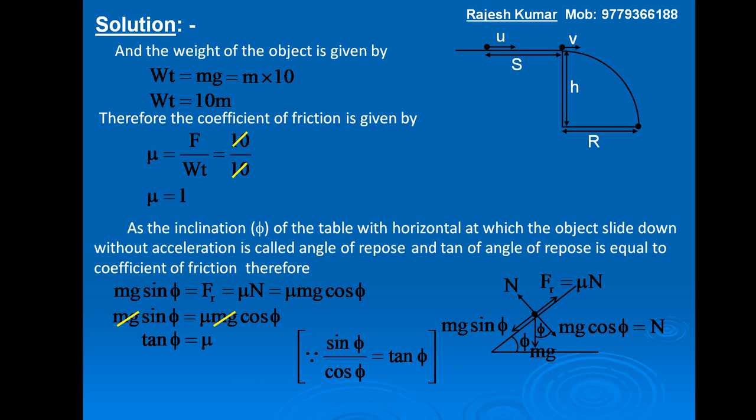Putting mu is equal to 1, we get tan phi is equal to 1, which is tan 45 degree. Therefore, phi is equal to 45 degree. So this is the angle at which we incline the table so that the object moves without acceleration. So thank you very much.